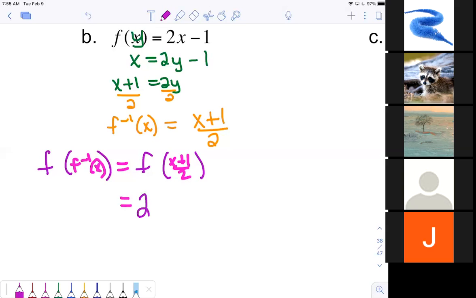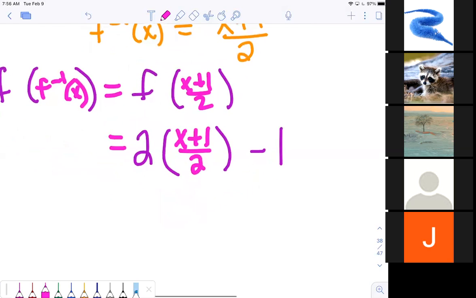So my original function was 2 times x minus 1. And I'm going to plug in x plus 1 over 2 in place of x. All right, so let's look at this problem here. We have 2 outside, and then x plus 1 divided by 2, and then a minus 1. How could you simplify this?